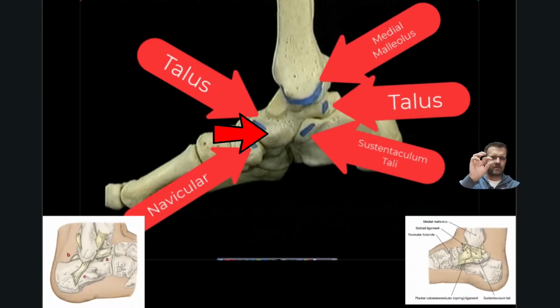Again, you're not going to be able to feel individual ones like you can on the lateral side, but as a group they should all tighten up as you move into eversion. And if they don't, then there may be some injury to the ligaments, but usually that coincides with a lateral malleolus fracture if they've gone over on it.